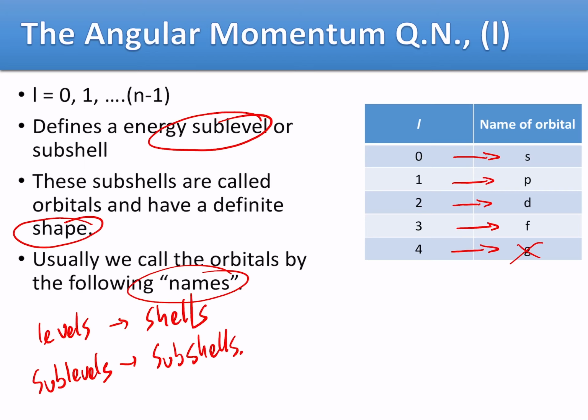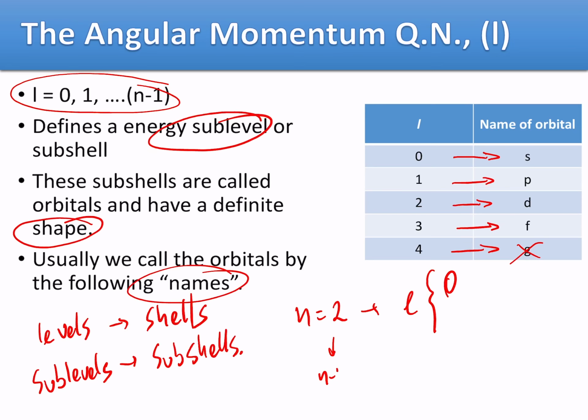So now one thing that I want you to consider here is that the values of L are controlled by the value of n. We're going to discuss this in more detail, but let's say if n equals 2, then L can have all the values from 0 all the way to n minus 1, sorry. So n minus 1 here is equal to 1.